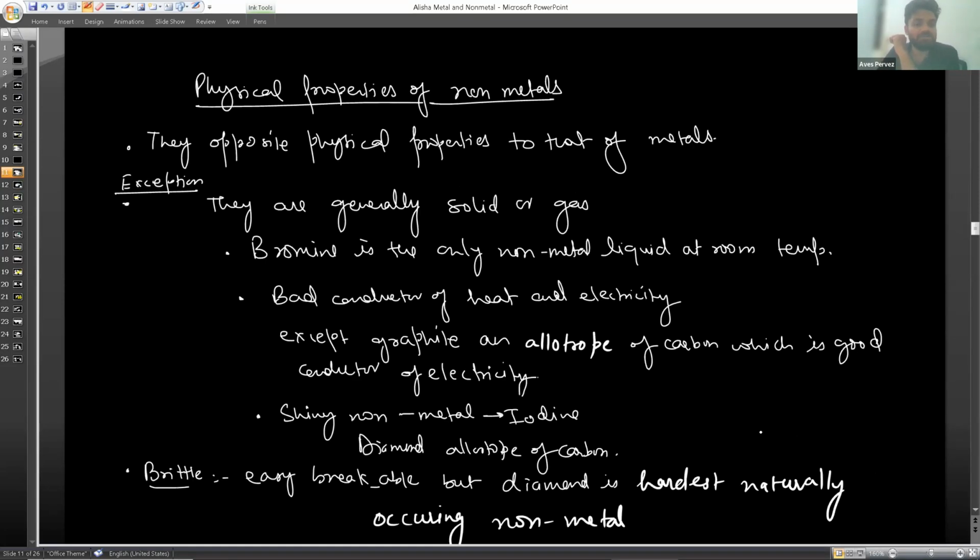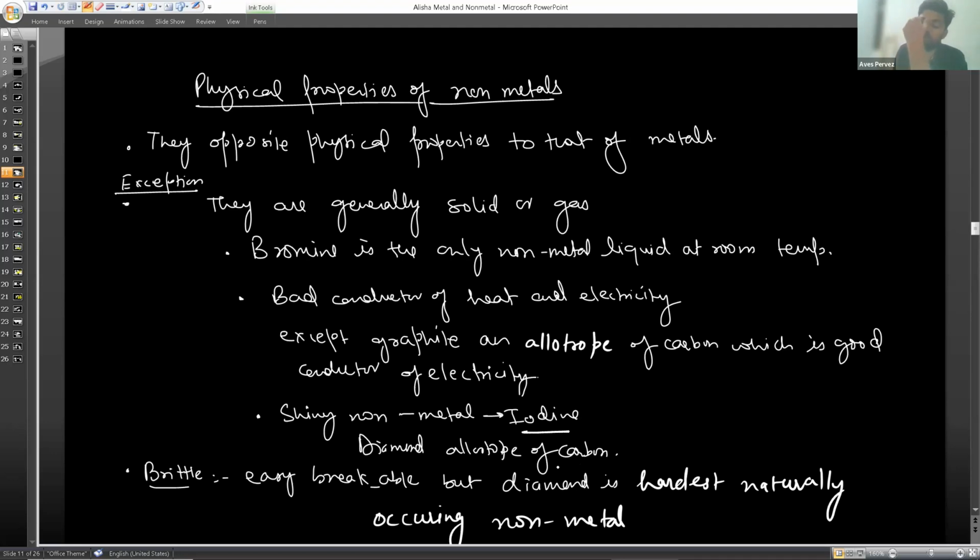Similarly, bromine is the only non-metal that is liquid at room temperature. Non-metals are bad conductors of heat and electricity, except graphite, an allotrope of carbon, which is a good conductor of electricity. Non-metals are generally dull in appearance, but iodine is a shiny non-metal, and diamond is also shiny.